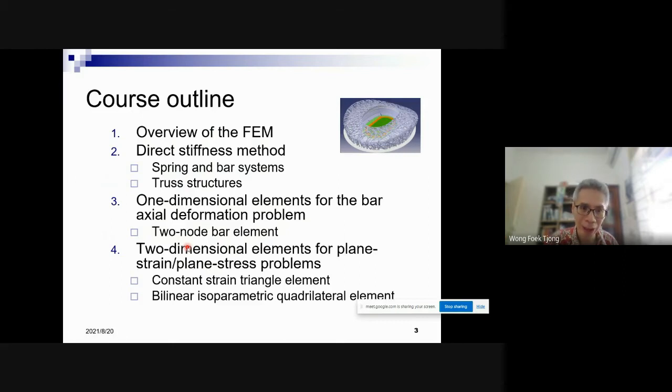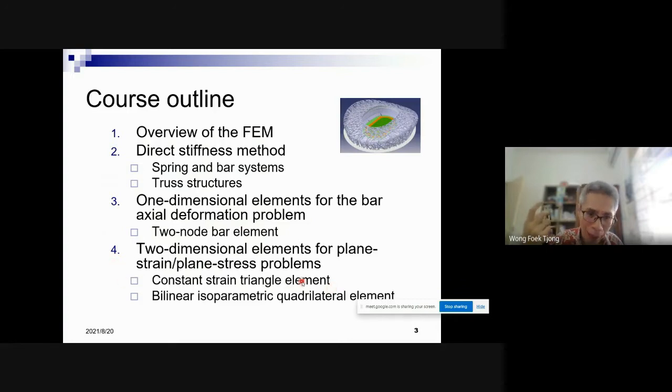After the mid-semester exam, I think we are still on the topic of number 3, and also lastly the topic of solving 2D problems, specifically plane stress or plane strain problems using the simplest element, that's the constant strain triangle element. Most of the time we will discuss this.